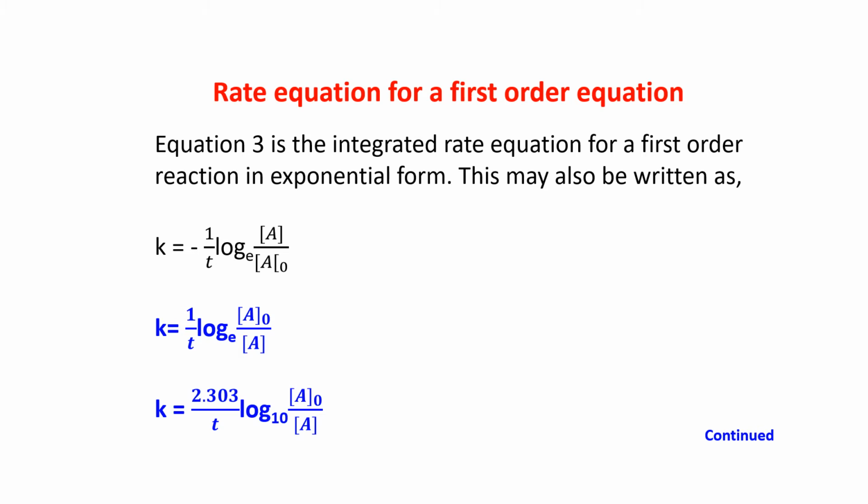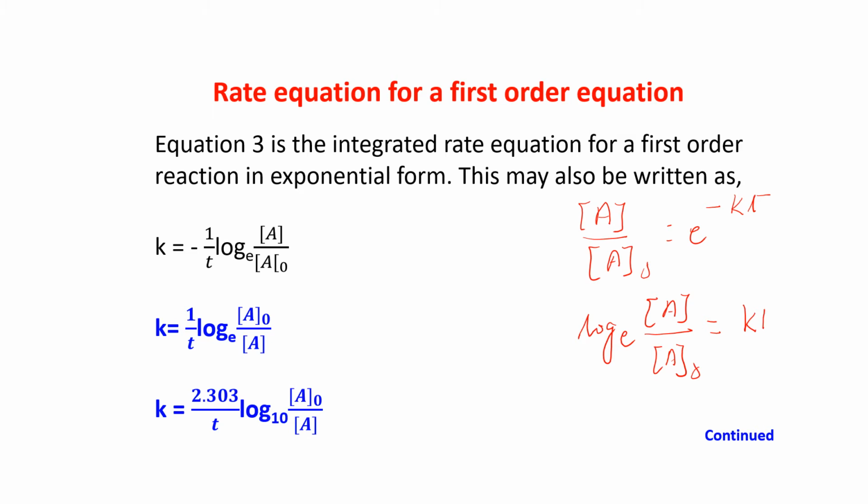Let me write it here: A by A0 is equal to e to the power minus kt. And one more equation that we got in the last slide, that is log e A by A0 is equal to minus kt.